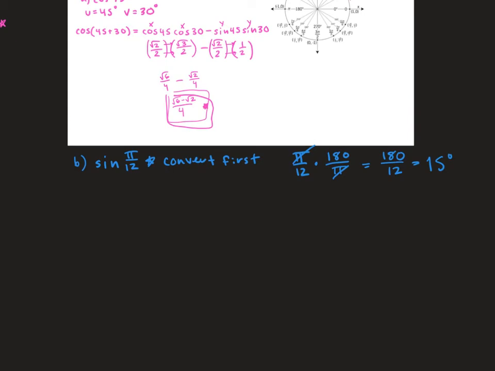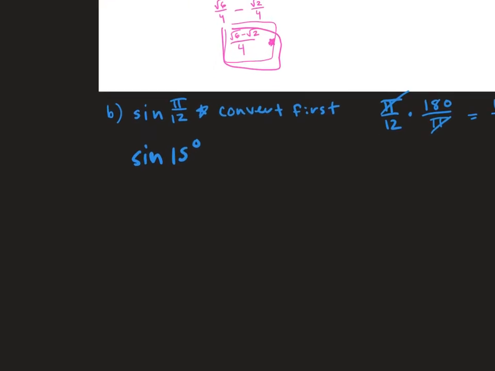All right, so we are finding the sine of 15. Again, 15 is not on our unit circle, but what combination of two angles that are on our unit circle would give us 15? Keep in mind we could subtract 45 and 30.